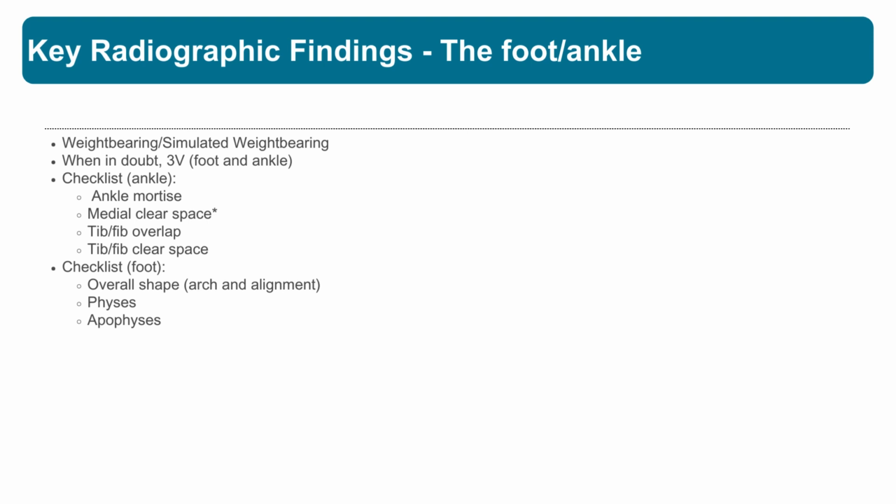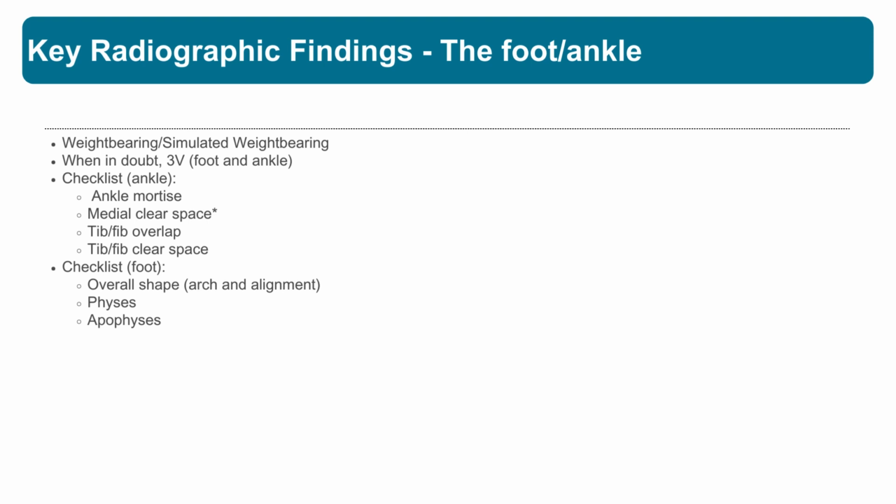You want to look at what the ankle mortise is doing and what the medial clear space looks like. One of the reasons why we get simulated weight-bearing films, even if the patient is having difficulty bearing weight, is because the medial clear space can appear abnormally widened in a plantar flexed foot. We want to look at the overlap of the tibia and the fibula and the clear space between the tibia and the fibula on our ankle films.